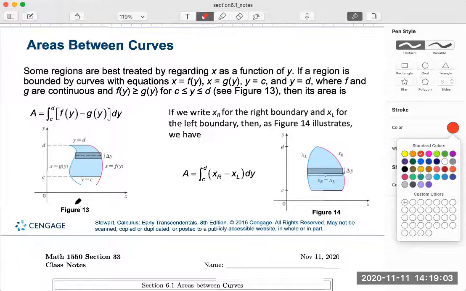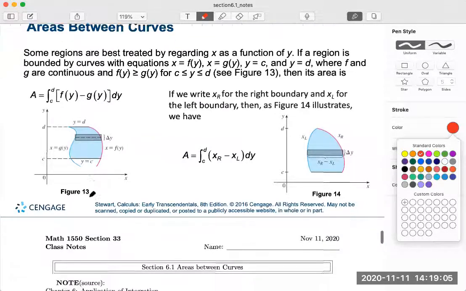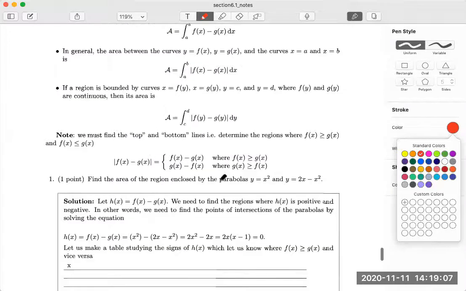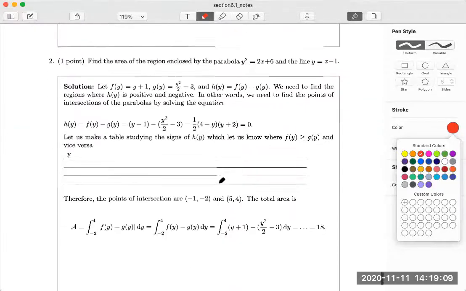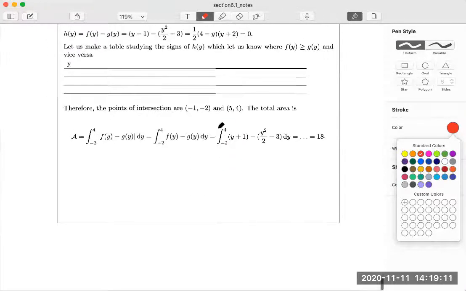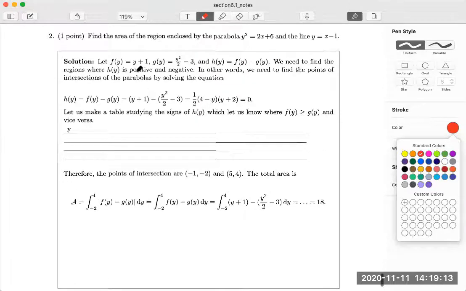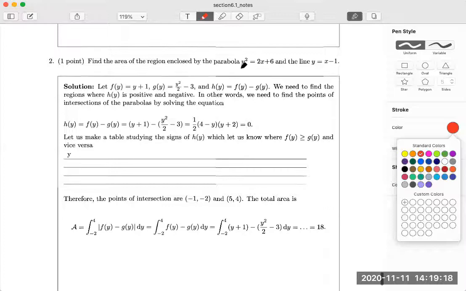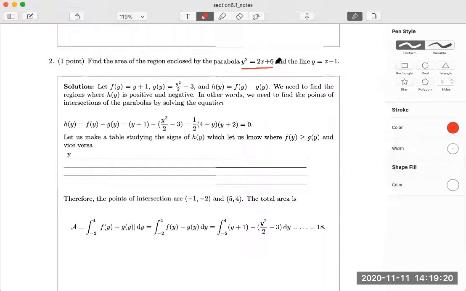Look at this example. Okay? In the second notes I gave you, there is another example here. We are given that y squared is 2x plus 6, and the line y is x minus 1.